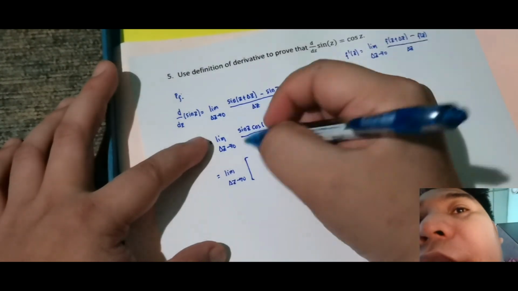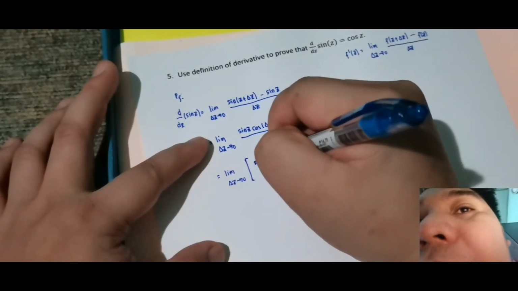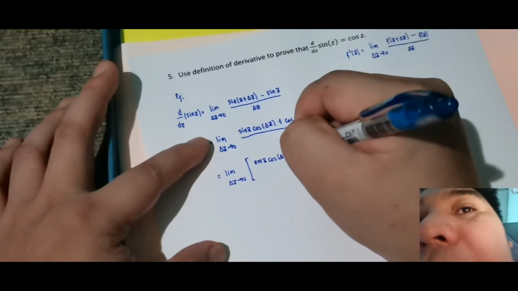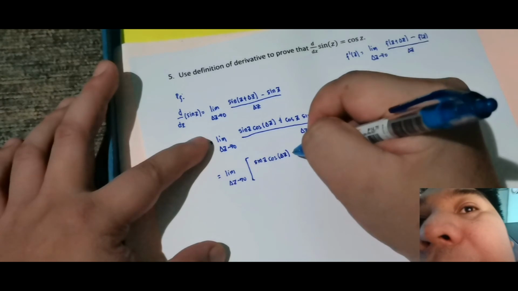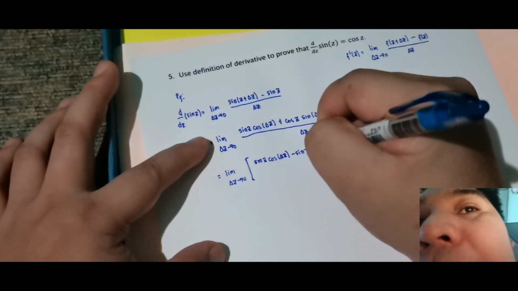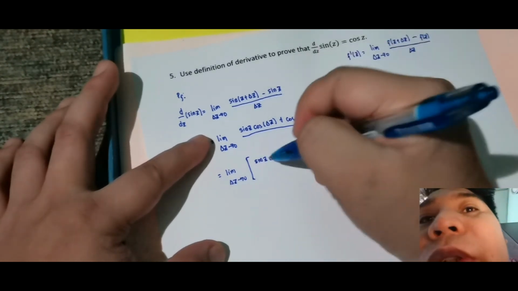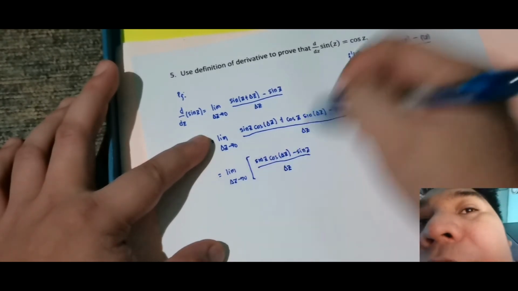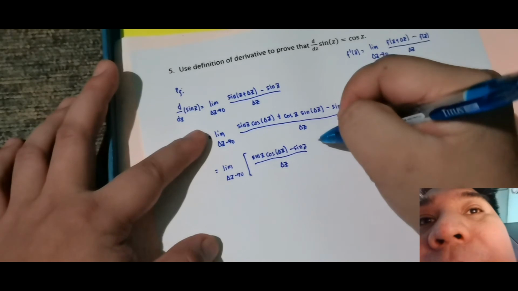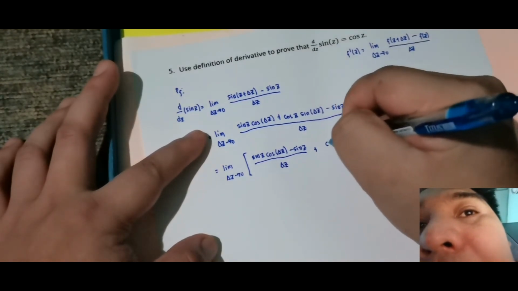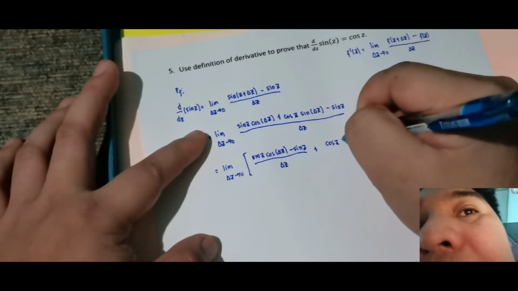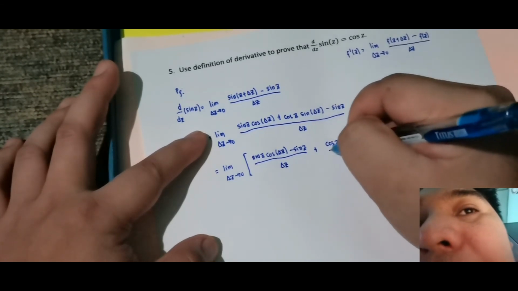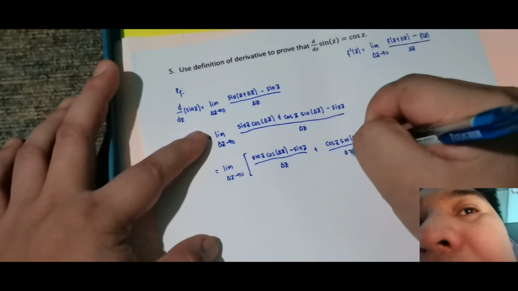So una is sine z cosine delta z minus sine z, all over delta z. Okay, next is, this is plus cosine z sine delta z over delta z.